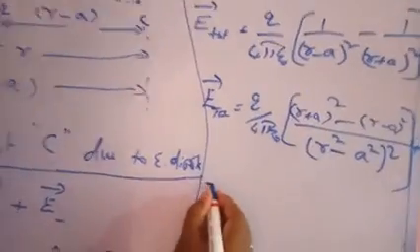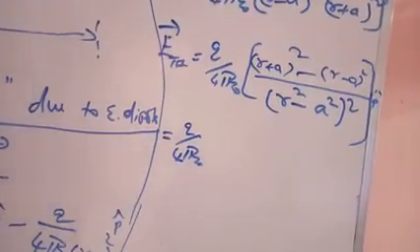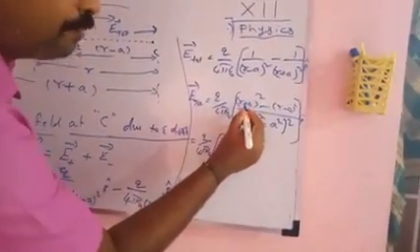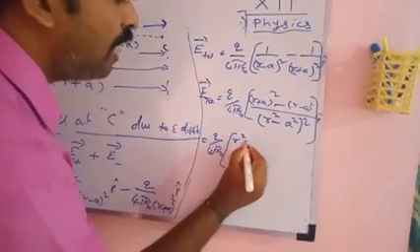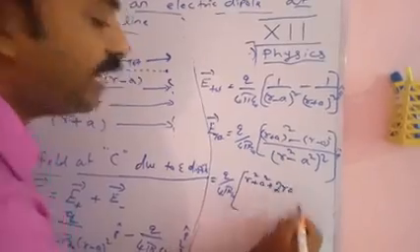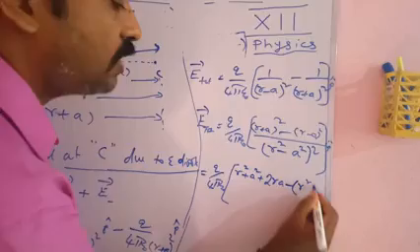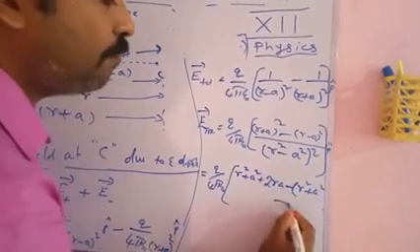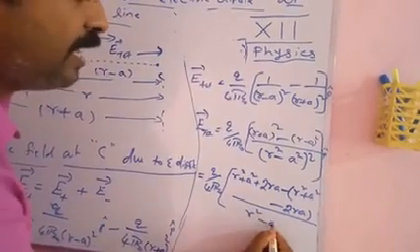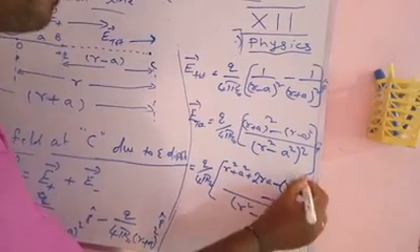Now this is equal to q by 4 pi epsilon 0 into, by using the (a plus b) the whole squared formula, r squared plus a squared plus 2ra, then minus r squared plus a squared minus 2ra, then divided by (r squared minus a squared) the whole squared, then into p cap.